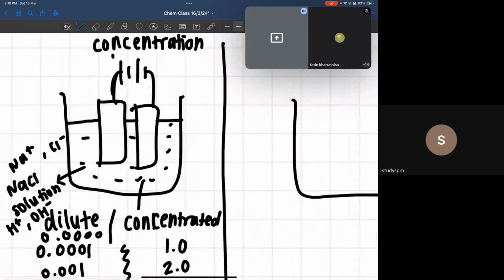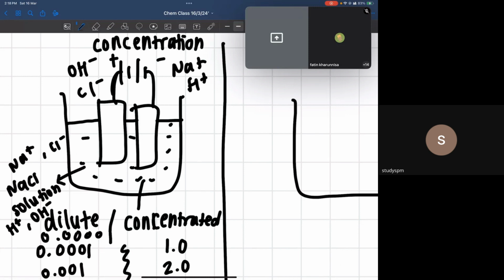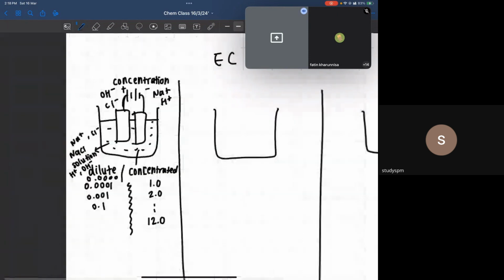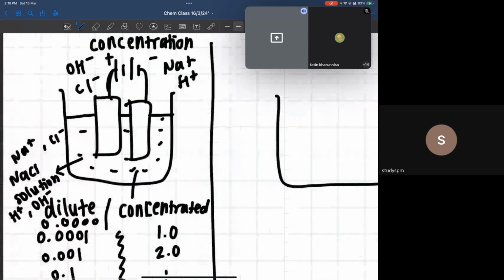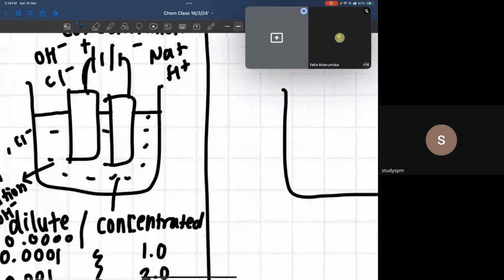And then positive and negative are attracted. Okay, the same thing, like this now. And then concentration. Let's say the concentration is 2.0 mole per dm cube.